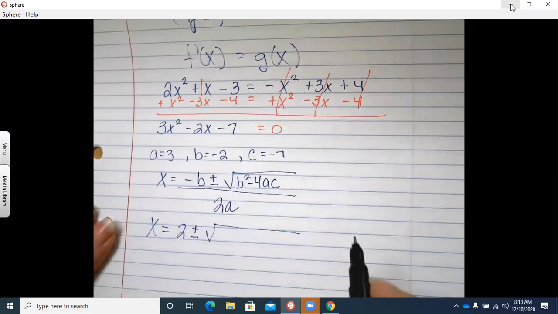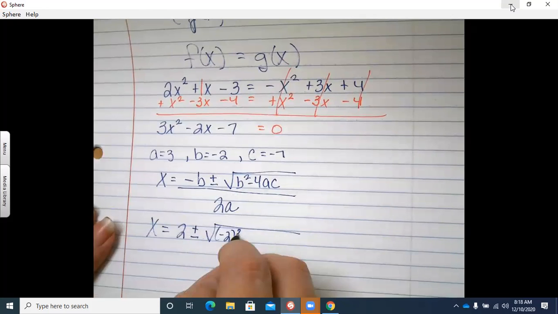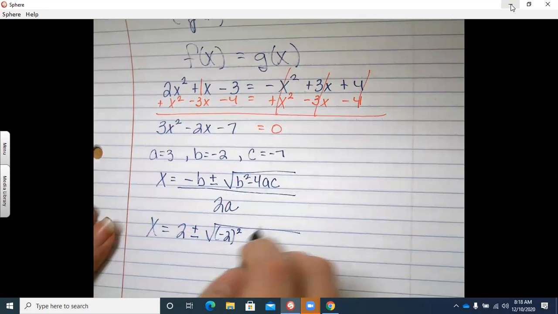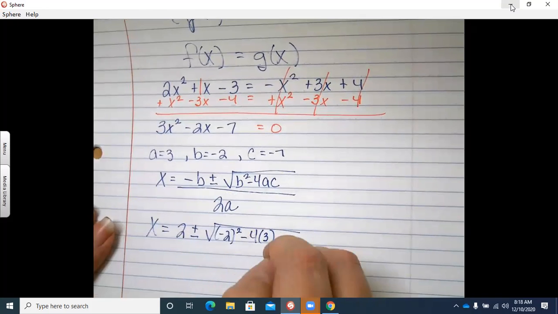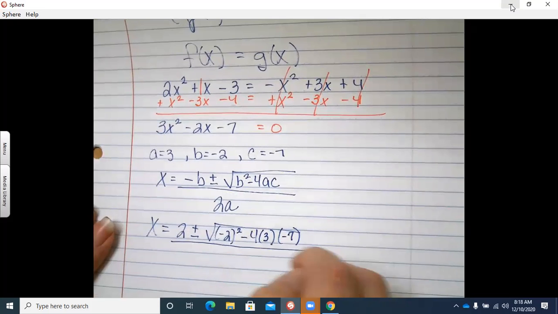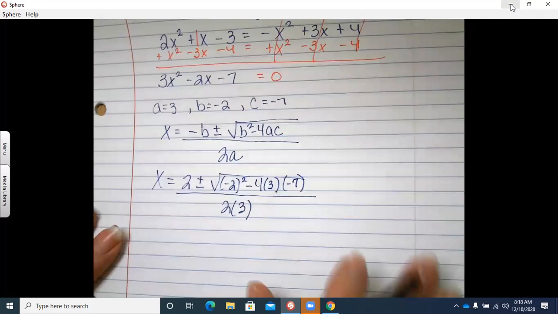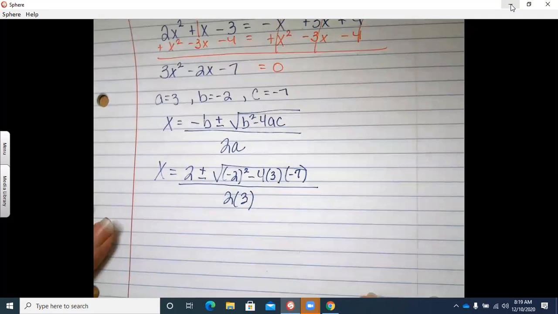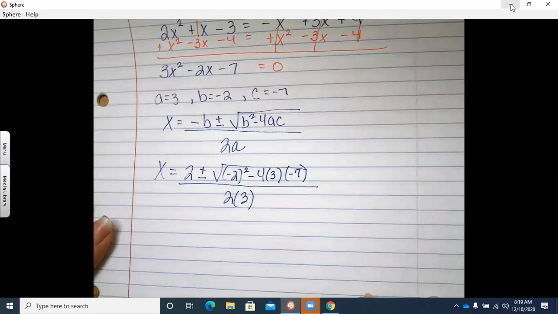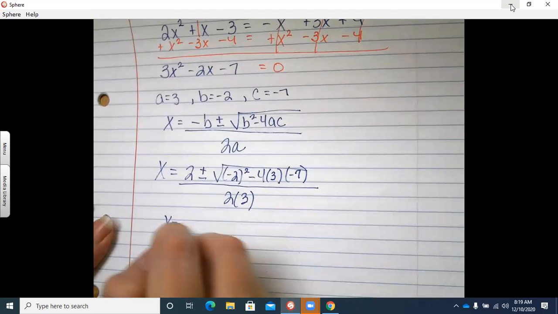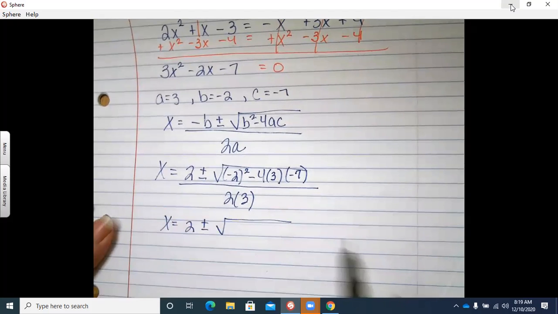So that's negative 2, quantity squared, minus 4 times a, which is 3, times c, which is negative 7, all over 2 times 3. So we have x equals 2 plus or minus the square root of negative 2, quantity squared, which is positive 4.